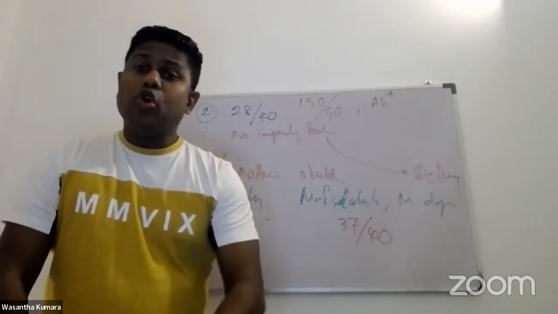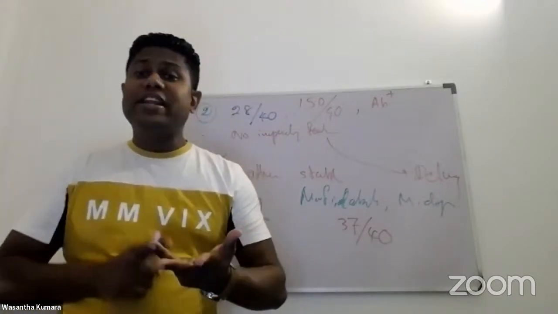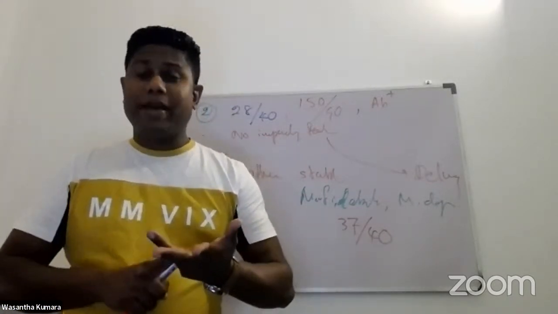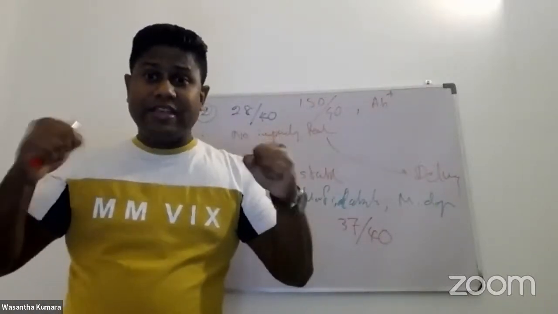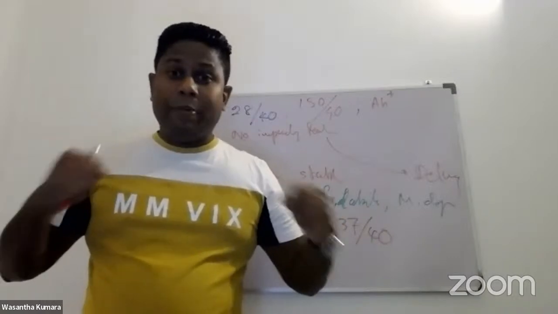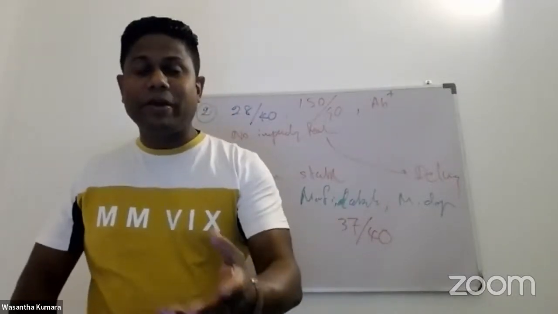Okay. So, what are the indications to start magnesium sulfate? One is if a patient is having impending symptoms, you need to start magnesium sulfate. If a patient develops eclamptic fit, patient is fitting now, right? So what is the treatment? Magnesium sulfate.